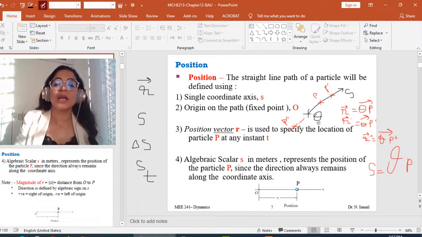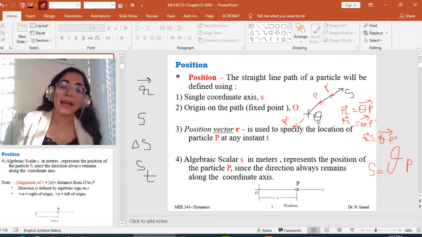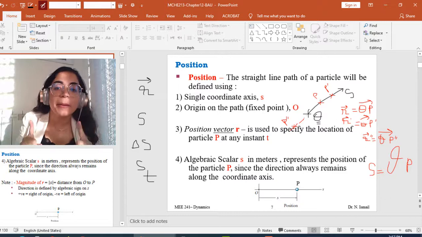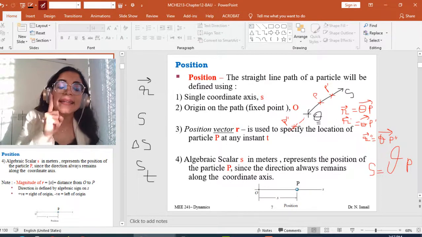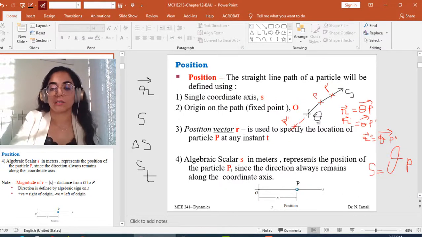And this OP could be positive or negative. So S, guys, could be positive or negative. It is not the distance and it is not the magnitude of R.